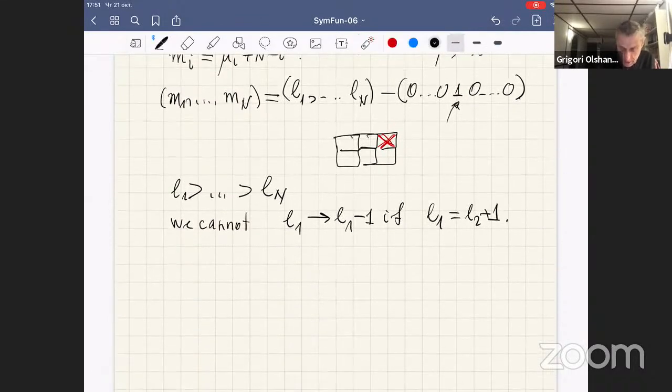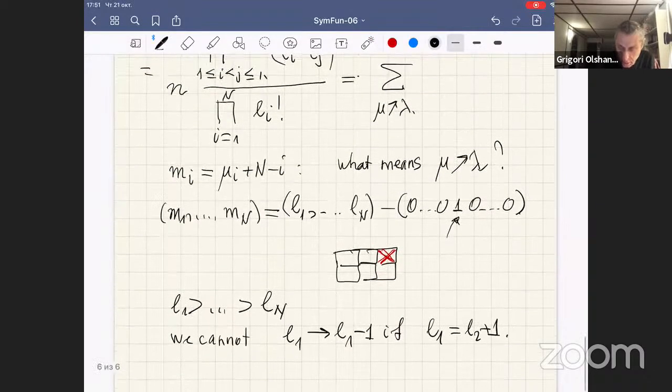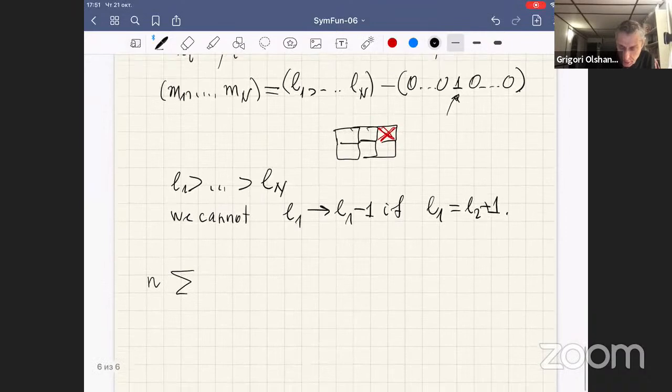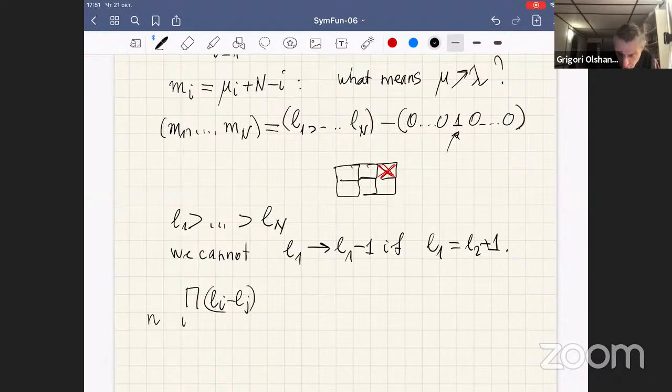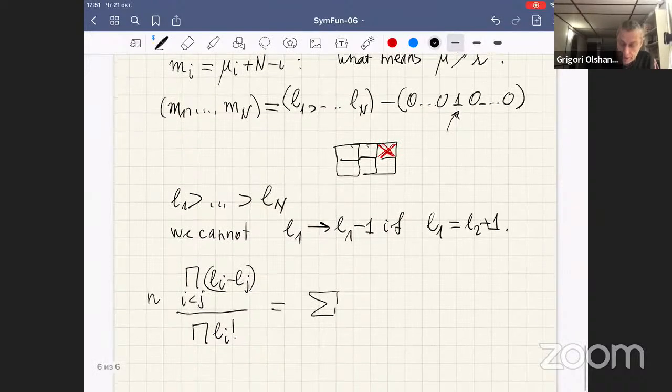Now our identity can be written as follows, as a sum over k.